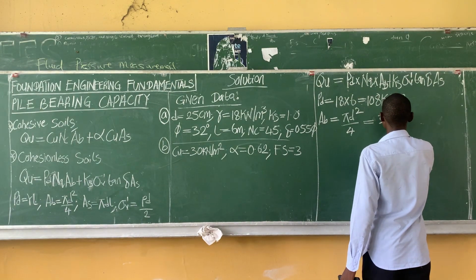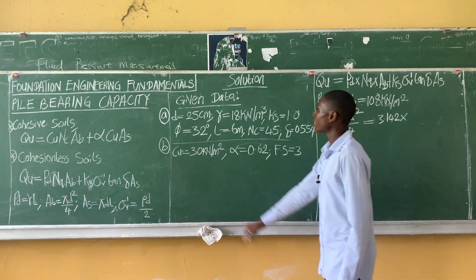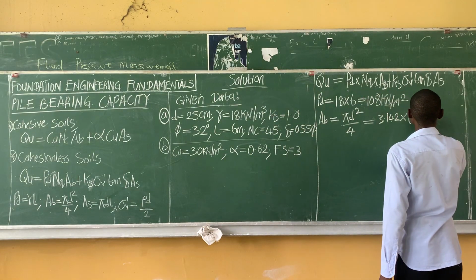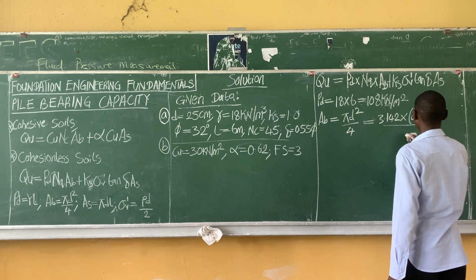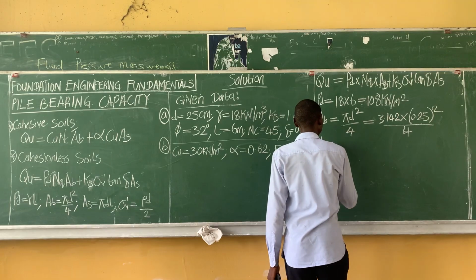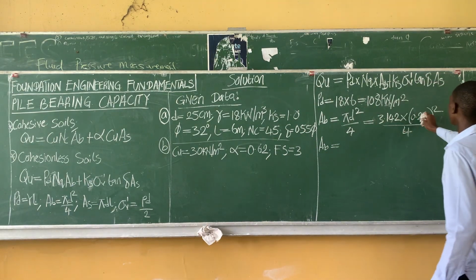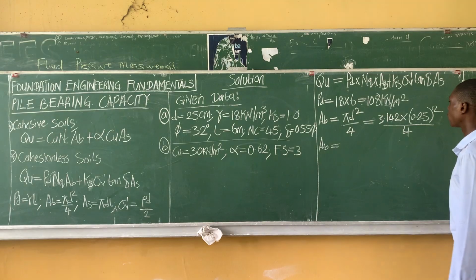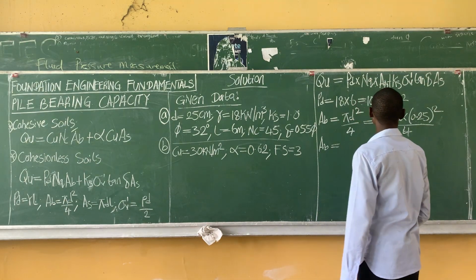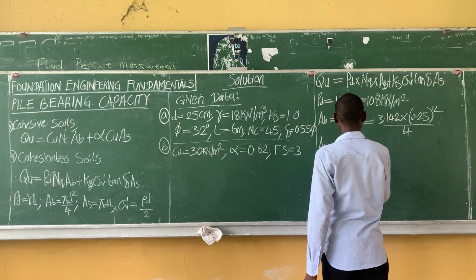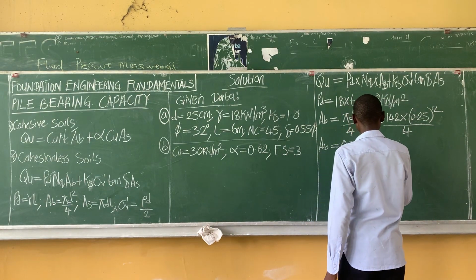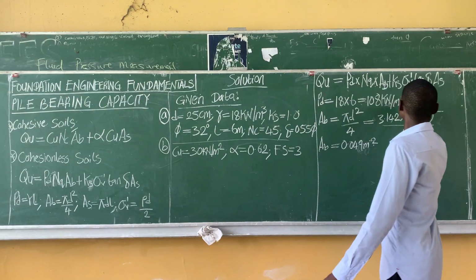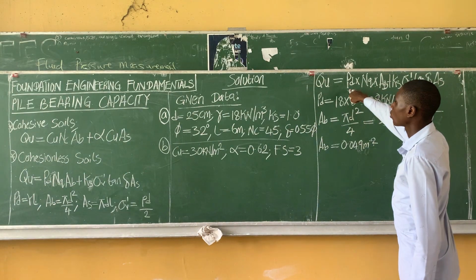That is equal to 3.142 times the diameter squared over 4. The diameter is given in centimeters, so we have to convert it to meters: 3.142 times 0.25 squared, divided by 4. That gives us 0.049 meter square.